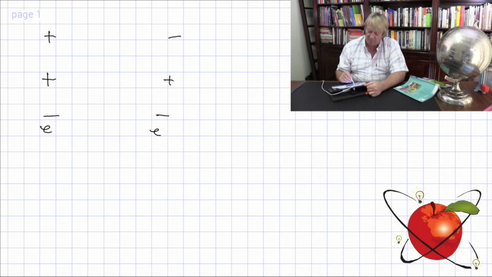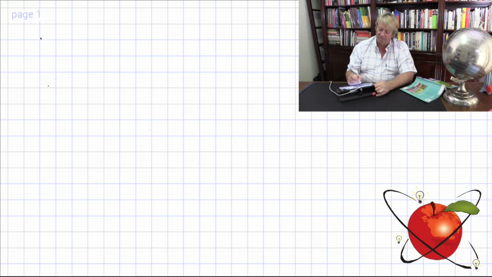If we go back, do you remember how we got these charges? We took a glass or a perspex rod, or I think the one was called ebonite or plastics or whatever it was. We took those and we took a cloth and we wiped the cloth across it, didn't we? Right? Well, what did we do?